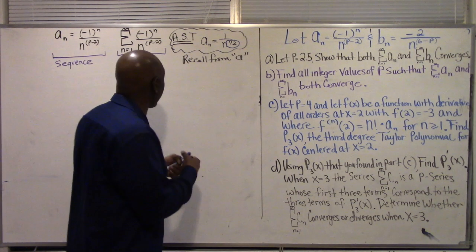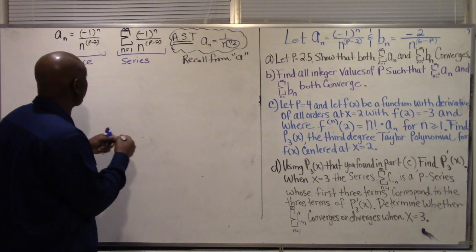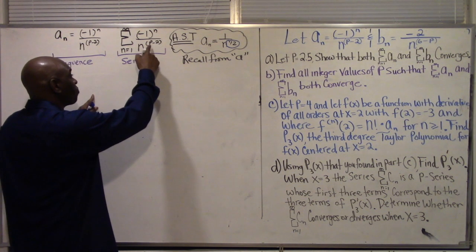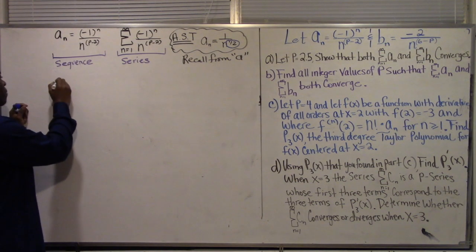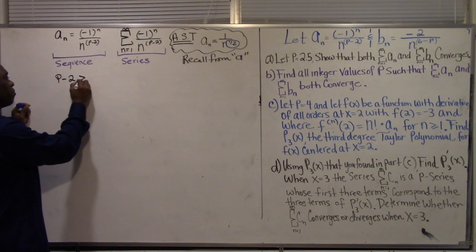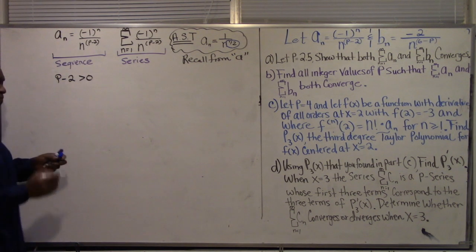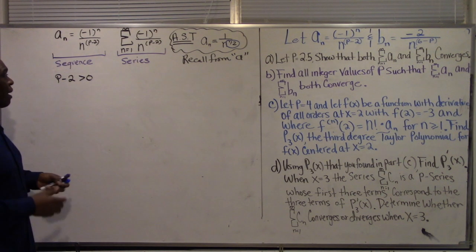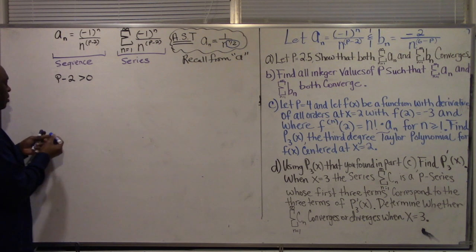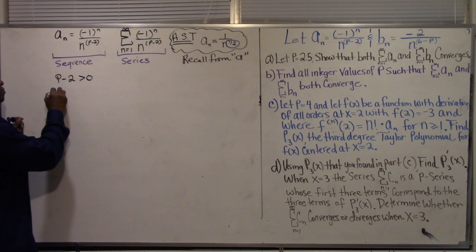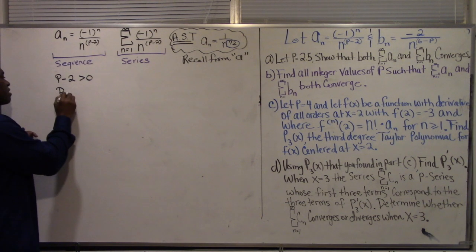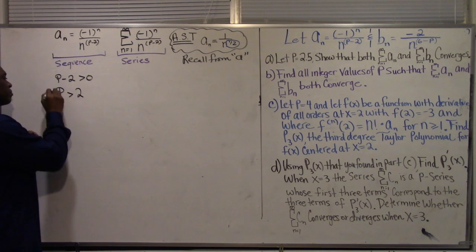Like we have right here, 1/2. So our power of n, in this case, is p minus 2. So p minus 2 needs to be positive. If p minus 2 is positive, then this means that p has to be greater than positive 2.